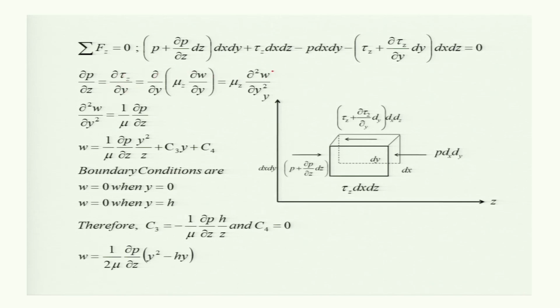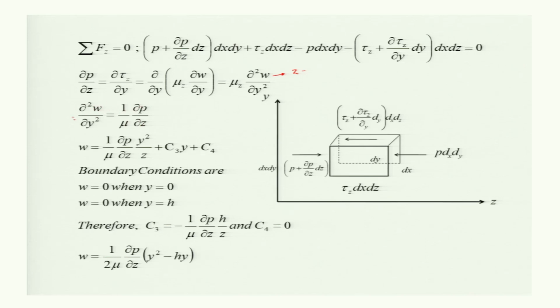So del square w over del y square, where w is the velocity of the fluid in the axial direction z, is 1 divided by mu del p over del z.